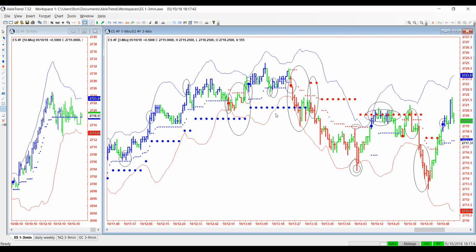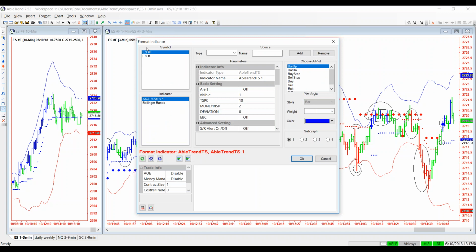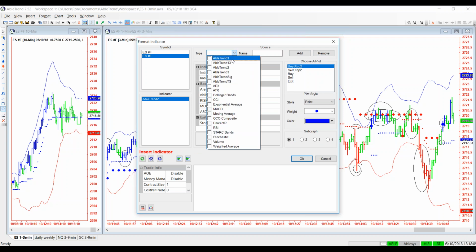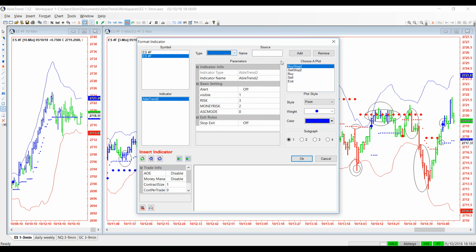Michael, let me show you that real quick. What you do is you click on the AN on top, the little red letters AN. I click on the second. Mine is on the second. It could be on the first ES. It doesn't matter. But where you have AbleTrend 2 in the indicator here, you click Remove on the right side, and it will just take it off. Then you click on the drop-down box, and you put a check mark in AbleTrend 3, and then add it.